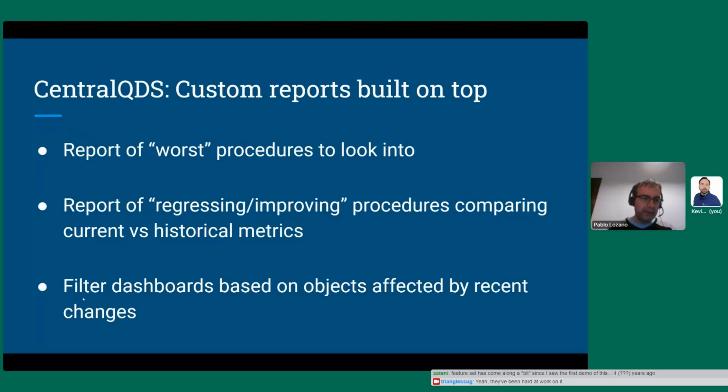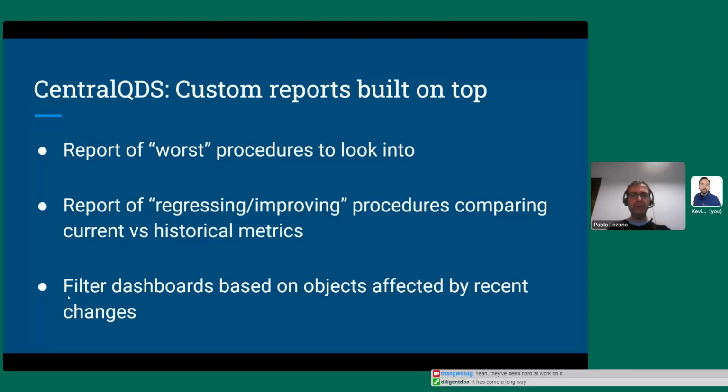And we have this other filter. This is a combination of different tools we have, but in our dashboards, we can be given a dashboard with all the metrics. So we have graphs showing us the CPU or duration of a particular stored procedure. We can also filter all the objects or the stored procedures that were modified for a particular ticket or for a particular change request.